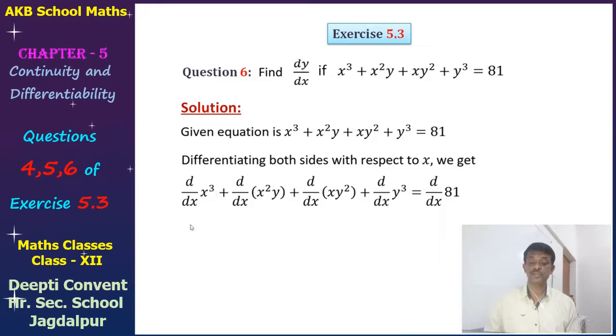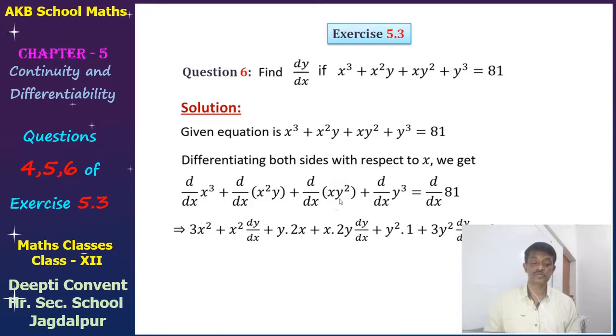Here x³ gives 3x², and x²y is product rule: first function x², then dy by dx, plus y, then the x² derivative 2x. Also here the product rule for xy²: first function x, y² gives 2y dy by dx, plus y² as it is, x derivative 1. y³ gives 3y² and dy by dx also there.